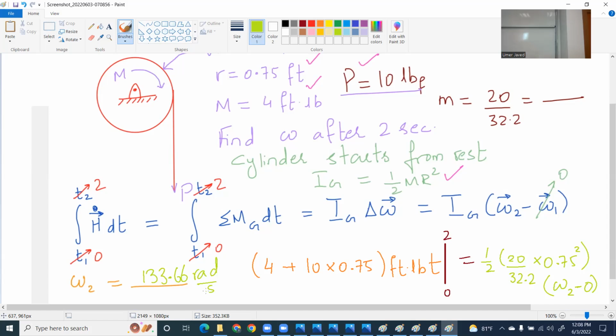I is given to you, moments you know, and you can get the value of alpha. The question says find omega after 2 seconds. So omega f equals omega i plus alpha delta t, if alpha is constant.